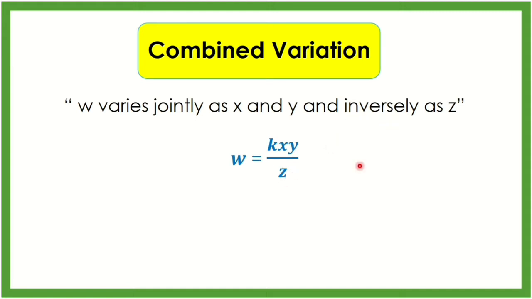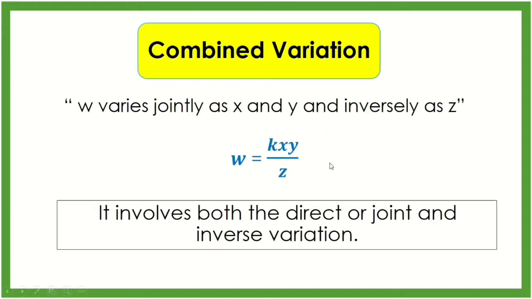So that is the combination of joint and inverse variation. So in combined variation, remember, it involves both the direct or joint and inverse variation. Pwedeng direct and inverse variation or pwedeng combination ng joint and inverse variation.